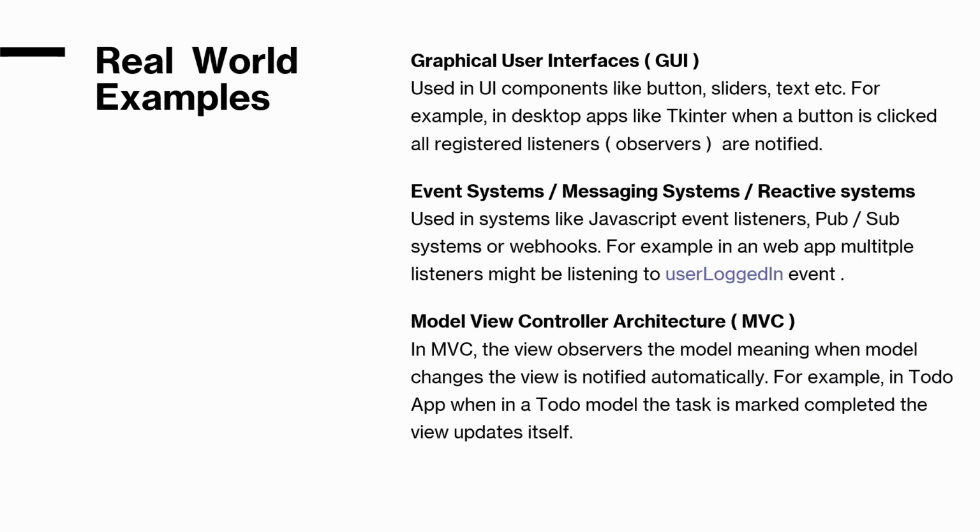And whenever changes are made to the model or the data, the view reflects those changes. For example, we are storing the to-dos for a user in models. Then once the to-do is marked completed, on the view side, which is what the user interacts with, the front end, the user will see the to-do marked as done.